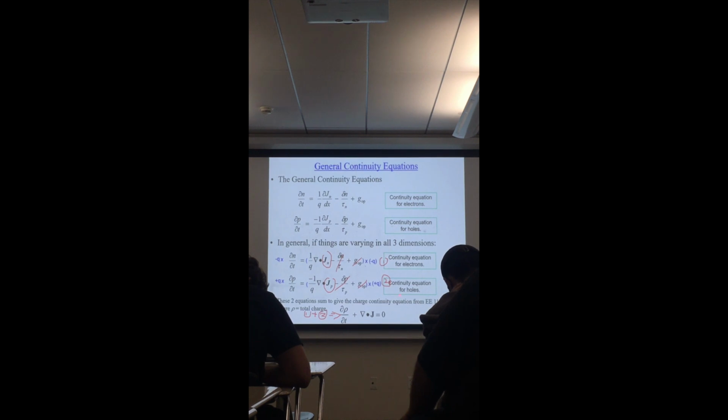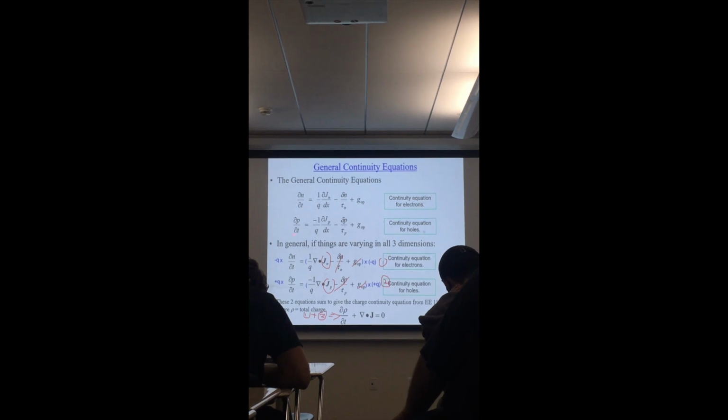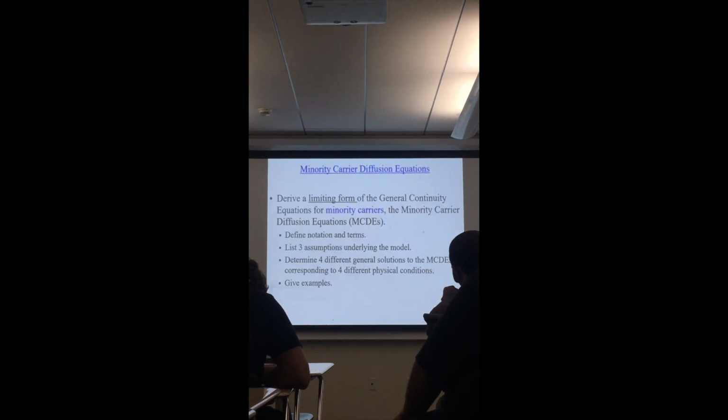And you may have learned this equation from EE133. Okay. Right? So here in our lecture, our course, we will mainly use these 2 continuity equations for each charge carrier. Okay. Right.